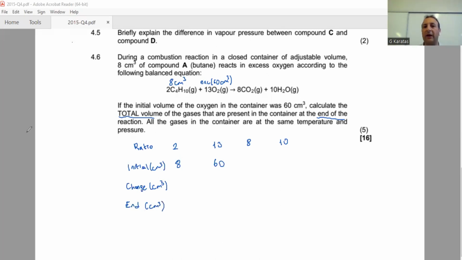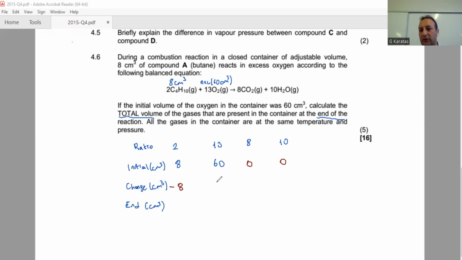Initially we have 8 cm³ of C4H10 and 60 cm³ of oxygen. Initially, we don't have any carbon dioxide and water, so I write 0. When the reaction starts, all of the C4H10 will be consumed because oxygen is in excess. That means C4H10 is limiting, so all C4H10 must be consumed.